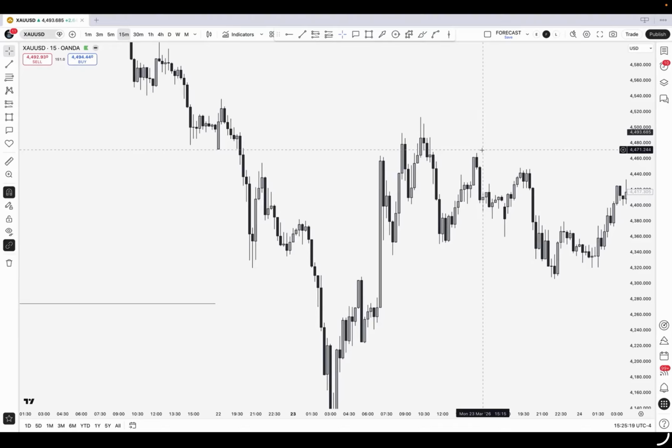So we look at the market from the lens of the inducement model. Who's being induced into the market? Buyers, sellers? Is it an inducement high model? Is it an inducement low model? These are the questions we have to ask ourselves during the market session we're trading, whenever we're analyzing price.